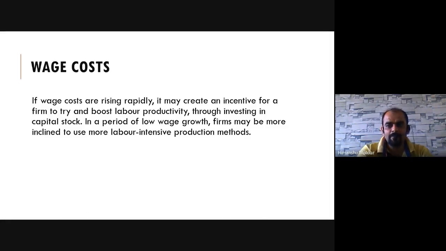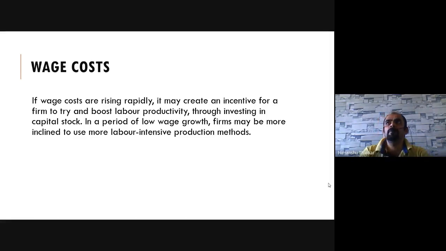Then comes wage cost. The wage cost also affects the investment decisions. If wage costs are rising rapidly, it may create an incentive for a firm to try and boost labor productivity through investing in the capital stock or bringing in more machinery instead of labor. So, in a period of low wage growth, firms may be more inclined to use more labor intensive production methods.